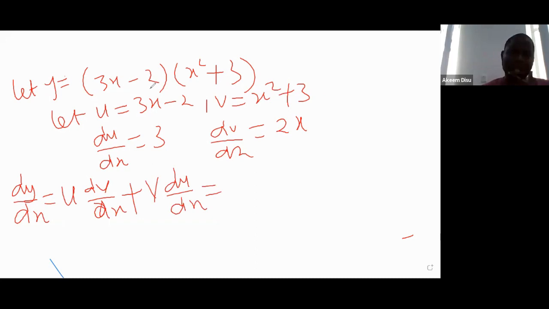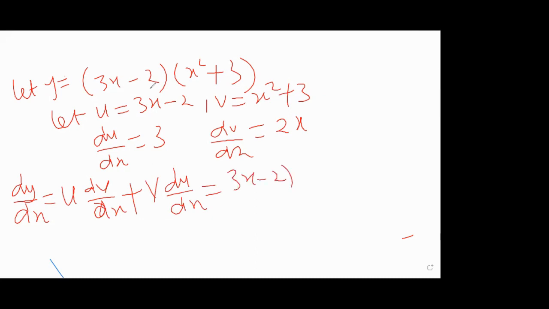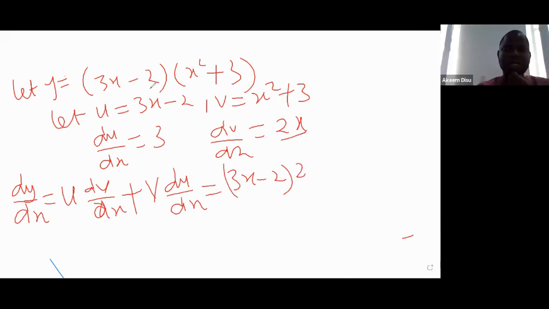Our u is 3x minus 2. Our dv/dx is 2x. This will give you 2x. Our v is 2x squared plus 3.